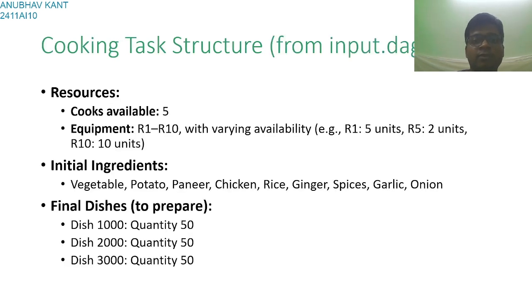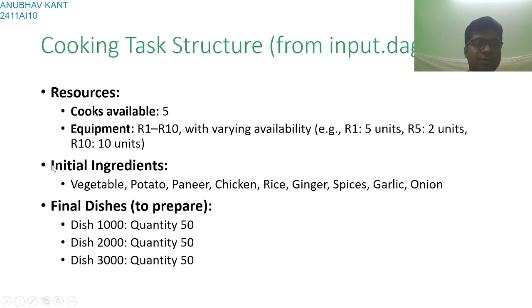So we shall be proceeding with a very simple example to witness how our heuristic and A star algorithm are working. Suppose we have resources like this. We have 5 cooks available, and we have equipment R1 to R10 available with us, in varying amounts of availability, as you can see here.